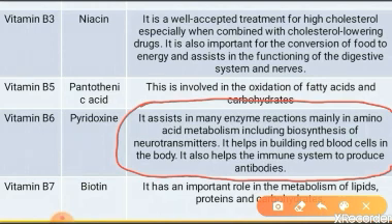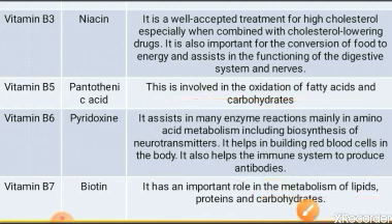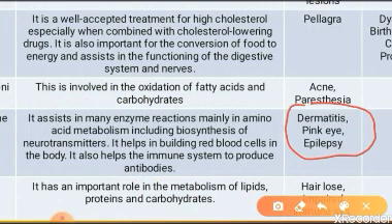It assists in many enzyme reactions, mainly in amino acid metabolism, including biosynthesis of neurotransmitters. It helps in building red blood cells in the body. It also helps the immune system to produce antibodies. Deficiency of this vitamin causes dermatitis, pink eye, epilepsy.